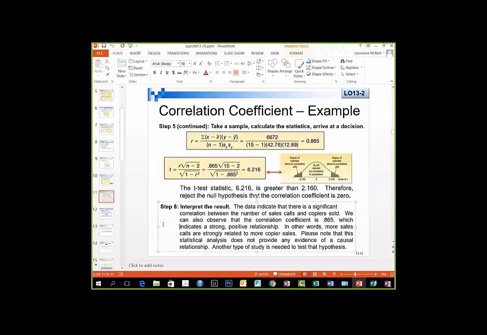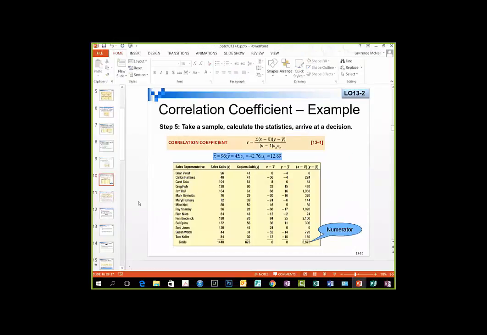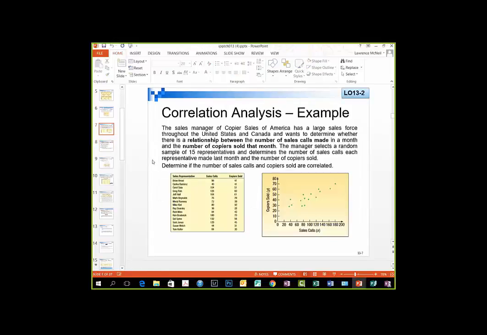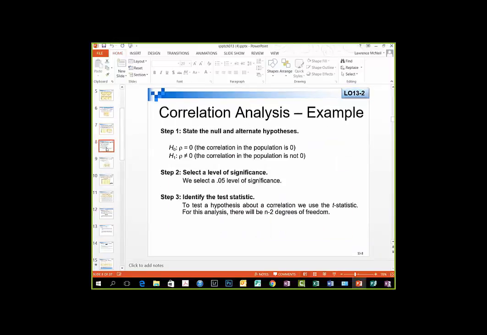Remember that our null hypothesis was that the R, rho in Greek, is 0. Rho is 0. We don't like that. Never did, because we clearly saw earlier that we have a positive and relatively strong R. So we were hoping from the very beginning that this would be rejected, and turns out it is.